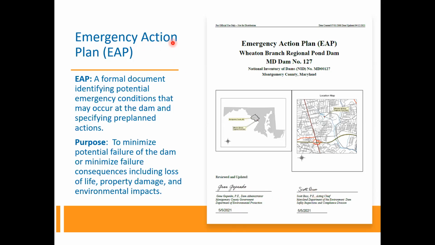The purpose of the emergency action plan is to minimize the potential for failure of the dam or minimize failure consequences, including loss of life, property damage, and environmental impacts. This is a formal document that outlines responsibilities, what needs to be done, and how emergency response must be handled, and it has pre-planned actions listed.